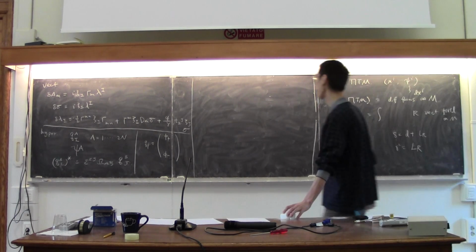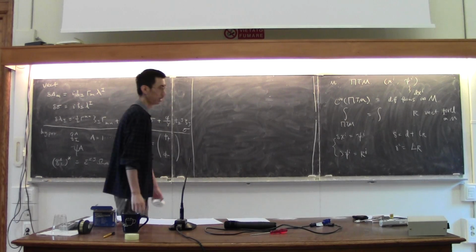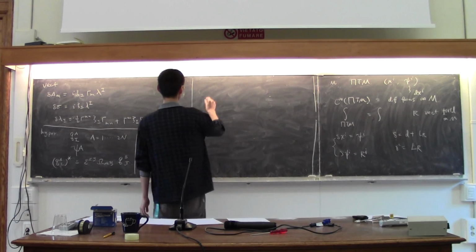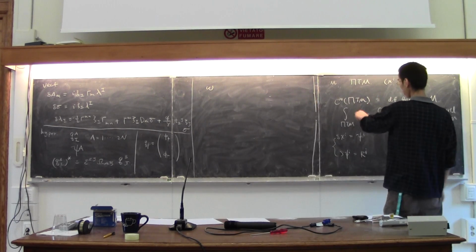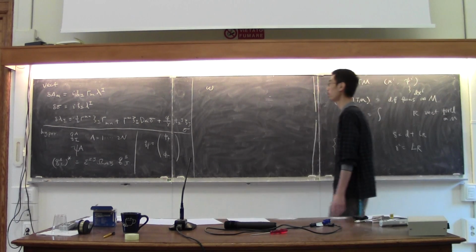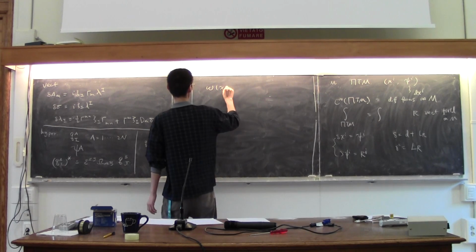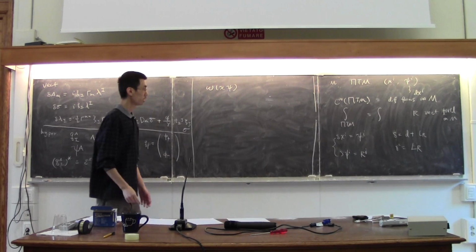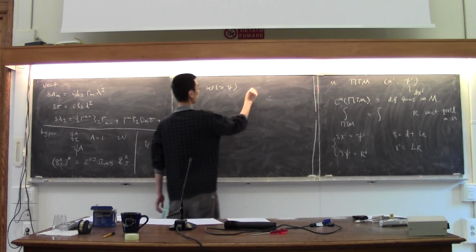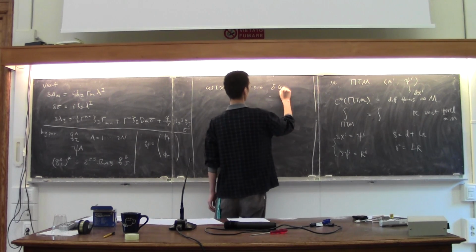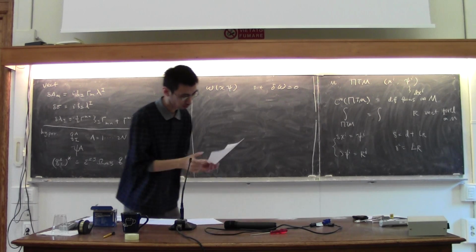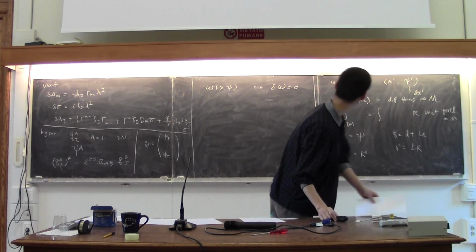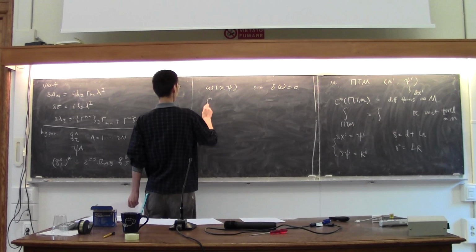So let's try to integrate a form. As I was saying, differential forms can be thought of as functions on this supermanifold. So consider a form alpha such that delta squared alpha is 0, and we want to integrate it.